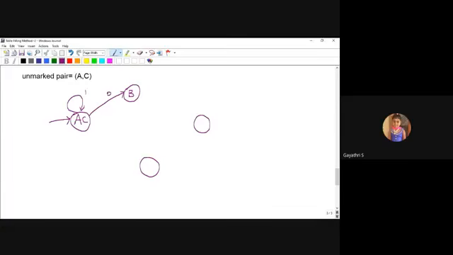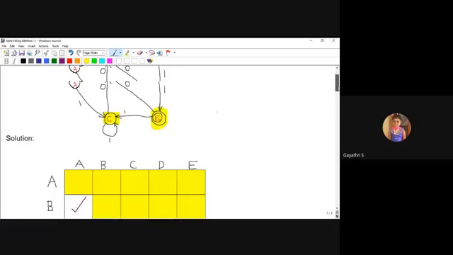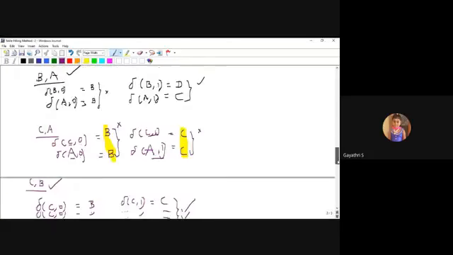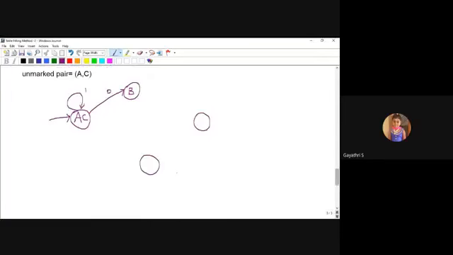The remaining things I have drawn from the diagram. E on 1 moves to C, which here is the AC state.